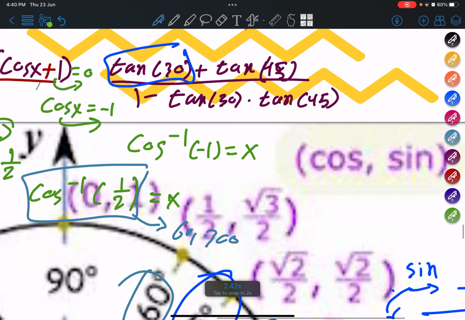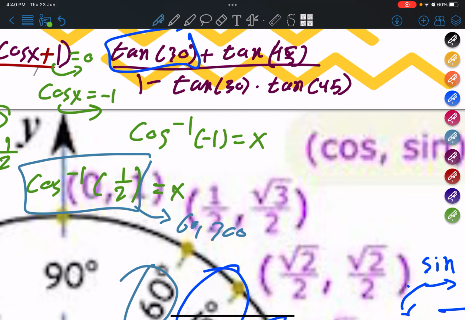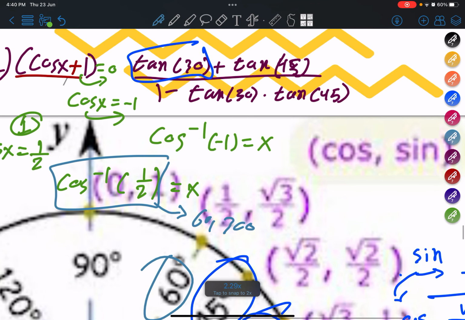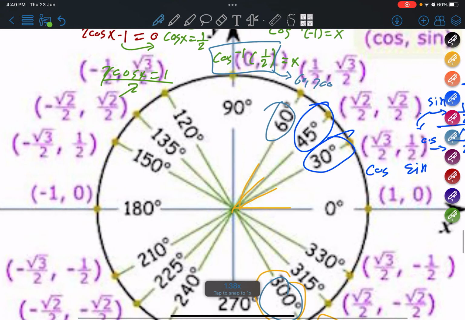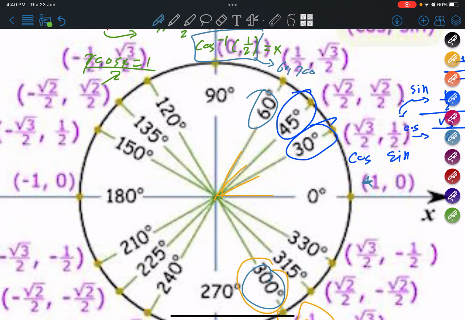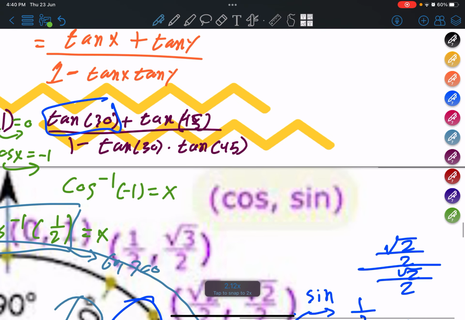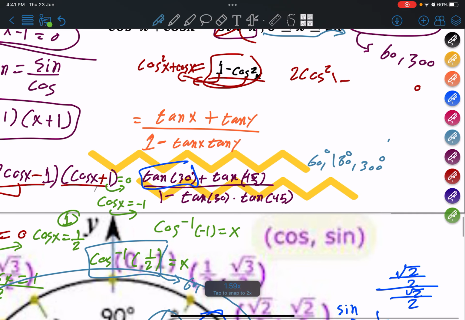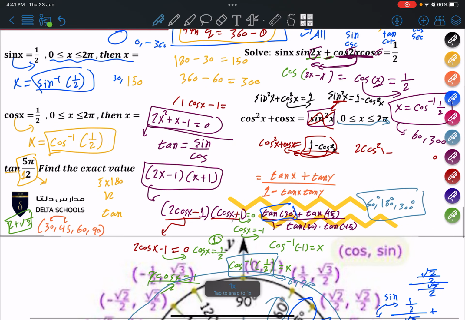And finally, the inverse cosine of negative 1 will be, if we just look here, where do we have negative 1 in the x value? We have it in the angle 180. So here we have 180 and 60 and finally 300. These are the 3 angles that are asked for in the question.